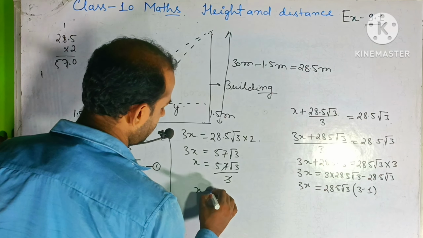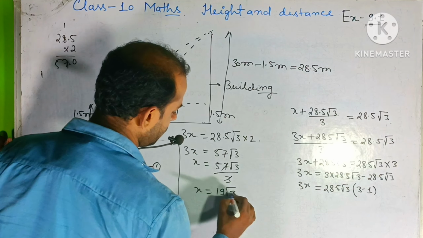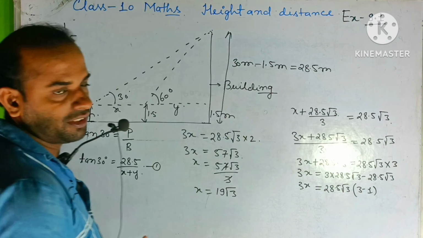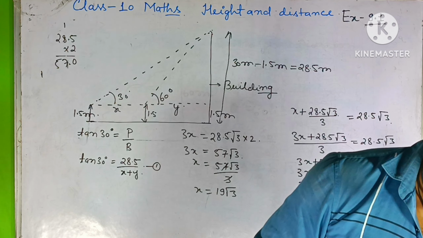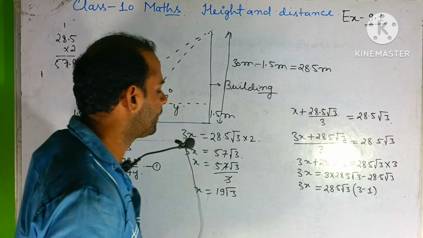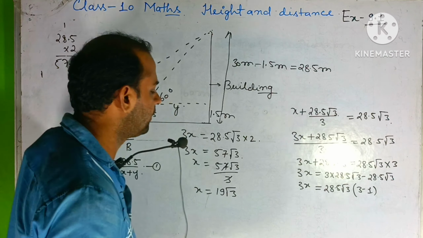It will cut down and become 19 root 3. Let me check the answer whether it is correct or not. It is 110% correct. So this is the required answer and we will move towards the next question.